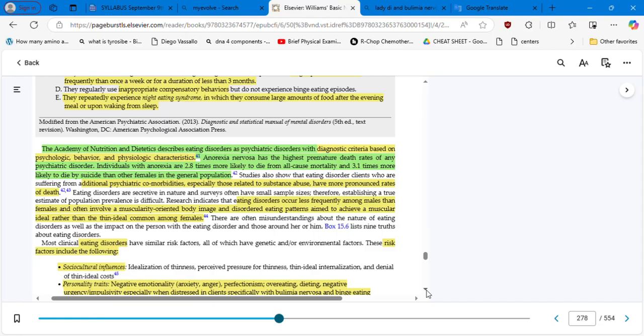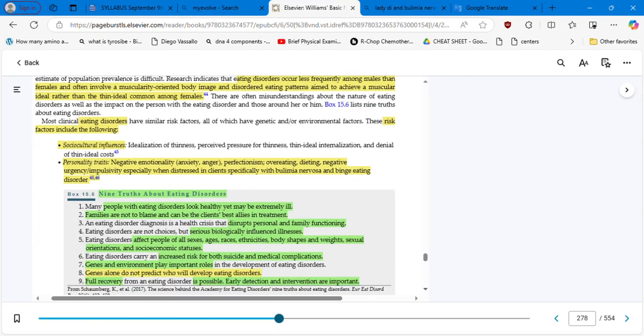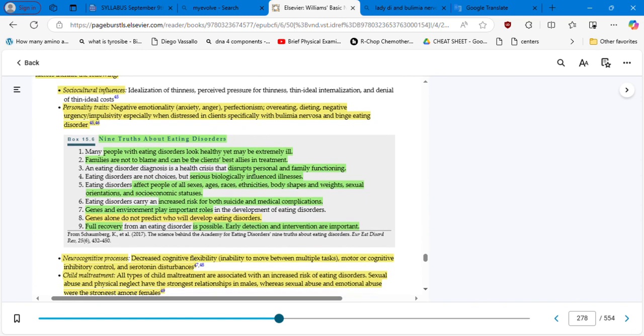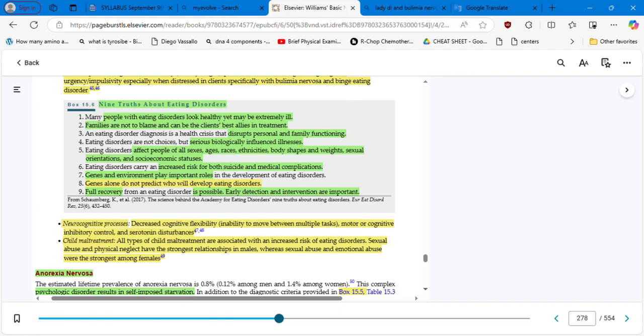So eating disorders risk factors include the following: sociocultural influences, personality traits like negative emotionality, anxiety, anger, perfectionism, overeating, dieting, negative urgency, impulsivity, especially when distress inclines specifically with bulimia nervosa and binge eating disorder. Neurocognitive processes, decreased cognitive flexibility, motor or cognitive inhibitory control, and serotonin disturbances.